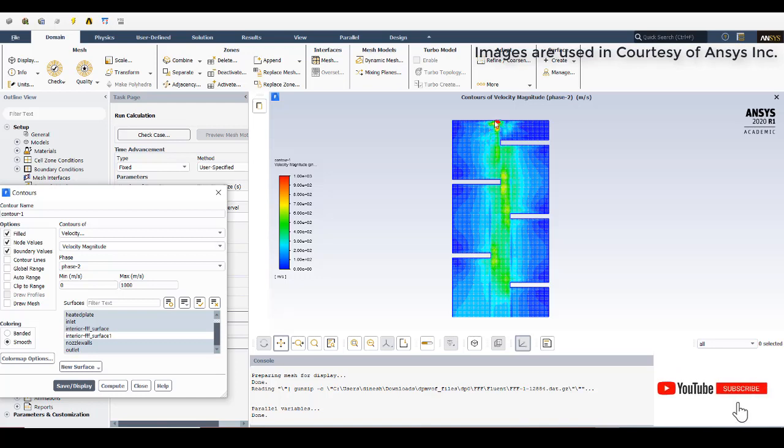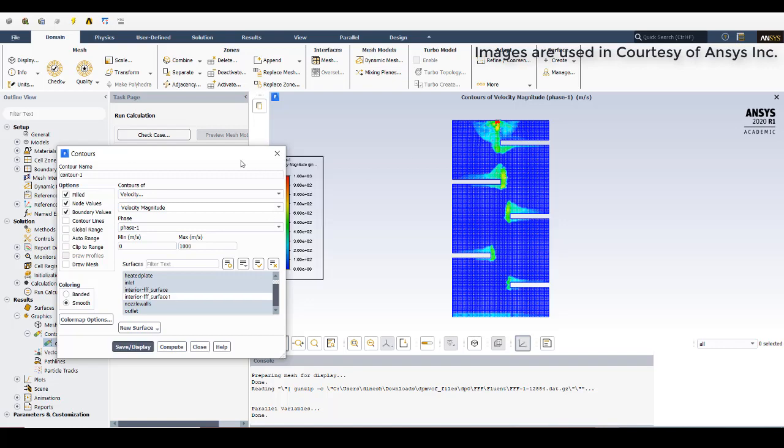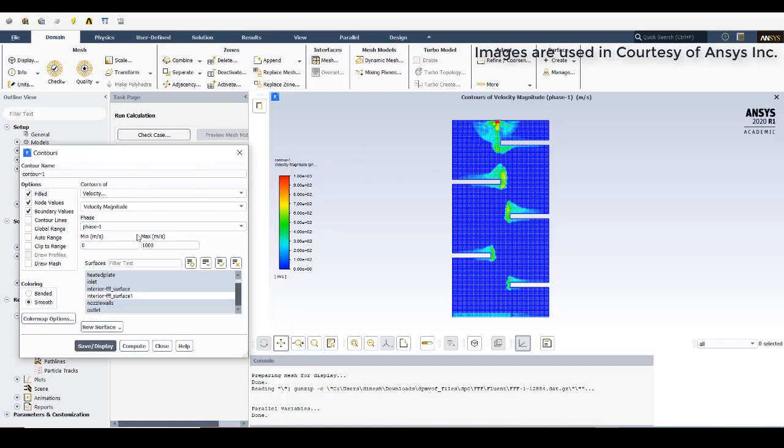With that high pressure and with the low time step, it was reaching the point of the outlet. Now the velocity magnitude, how it has been varying, and similarly you can check for phase 1 also. These are the points where water is getting formed, and the water with these velocities, approximately 1000 meters per second, is coming and forming here, and it's also forming on these plates.